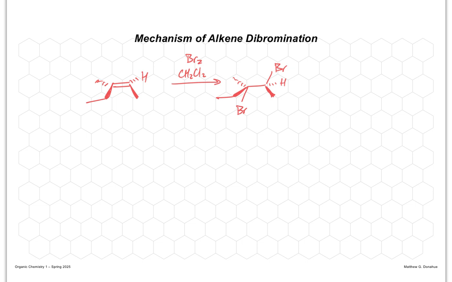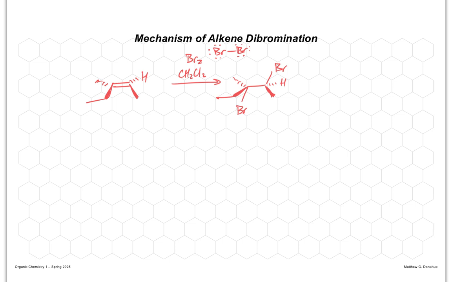So normally, when you look at bromine, we would draw it like that, and you think, well, both bromine atoms are going to approach that alkene kind of parallel and just plunk down. But as I said, they're really big, the bond's long.